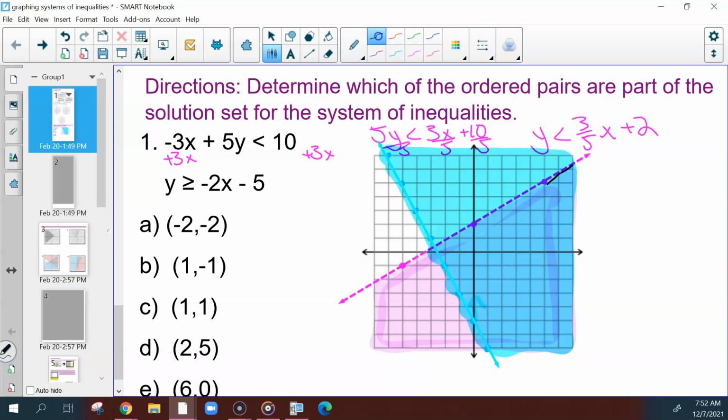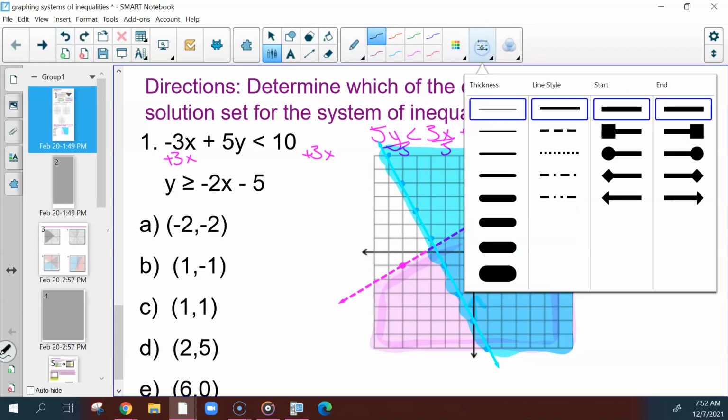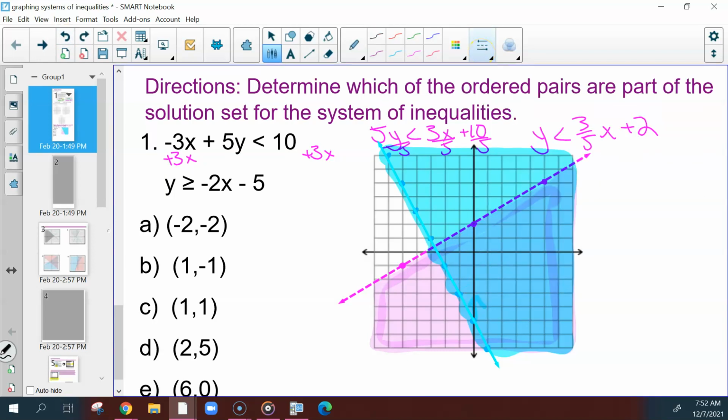They're only going to be in this area right here. Let's make that bigger. So we're only going to focus in that section. Not in just the blue, not in just the purple, but where they're combined.